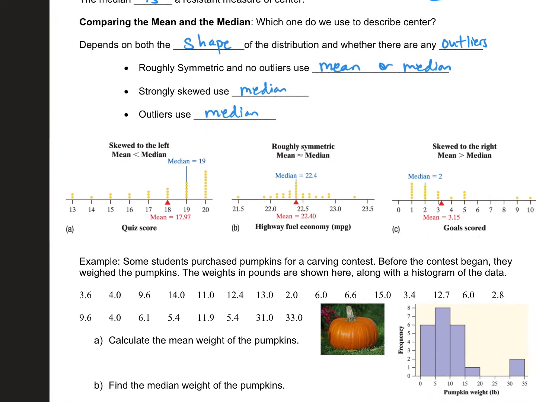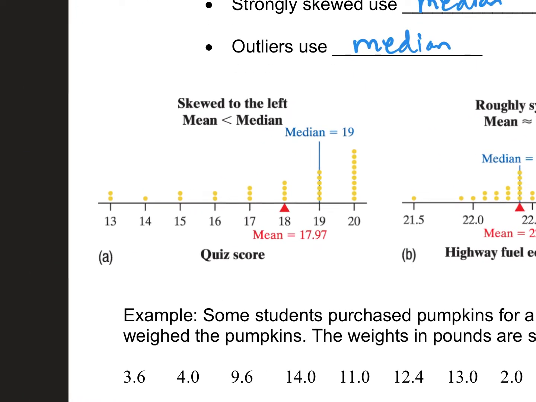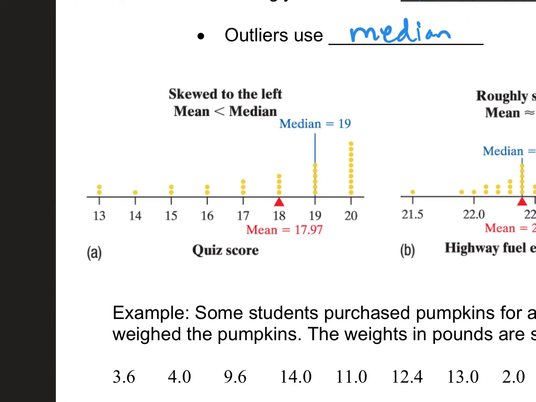Okay, so take a look at these 3 dot plots down here. So this is the quiz scores out of 20 or something for a class. And we can tell that it's definitely skewed to the left. And the mean is right here, and it's getting pulled towards these really low numbers.